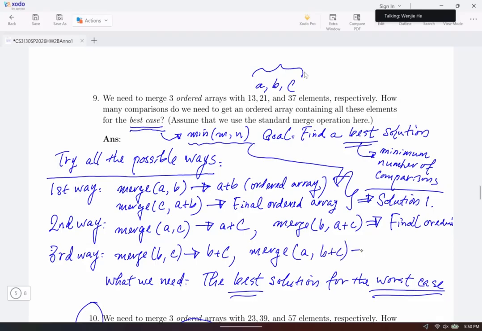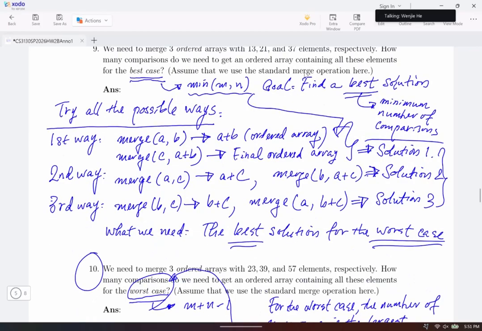Solution 3. Here, this place, solution 2. Then you choose the best, right? 1, 2, 3. All right.